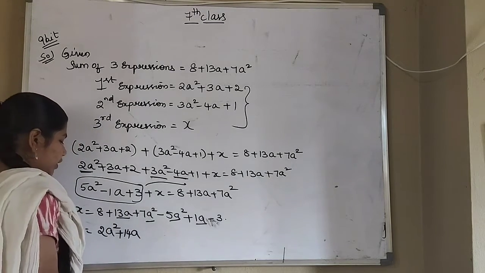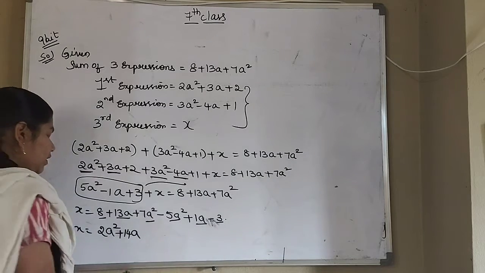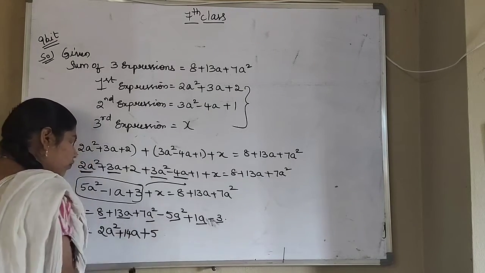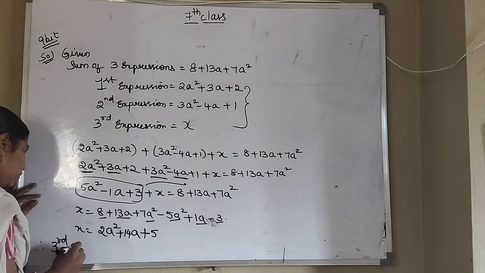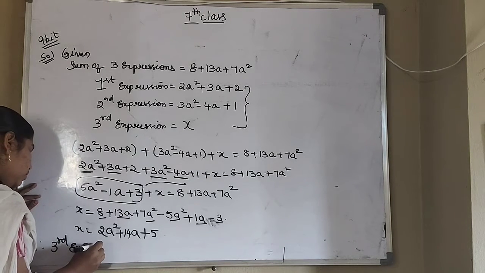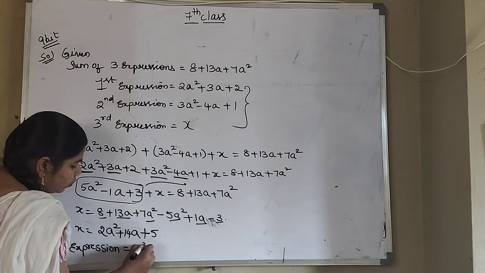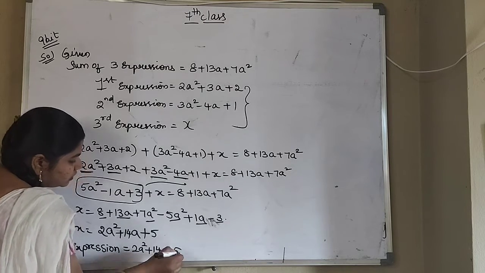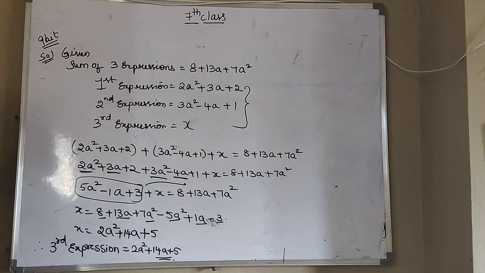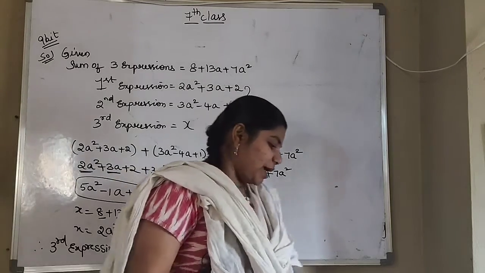Next, the constant terms: 8 minus 3 will be 5, so plus 5. So what is the third expression here? Therefore, the third expression is equal to 2a square plus 14a plus 5. So this is our third expression.